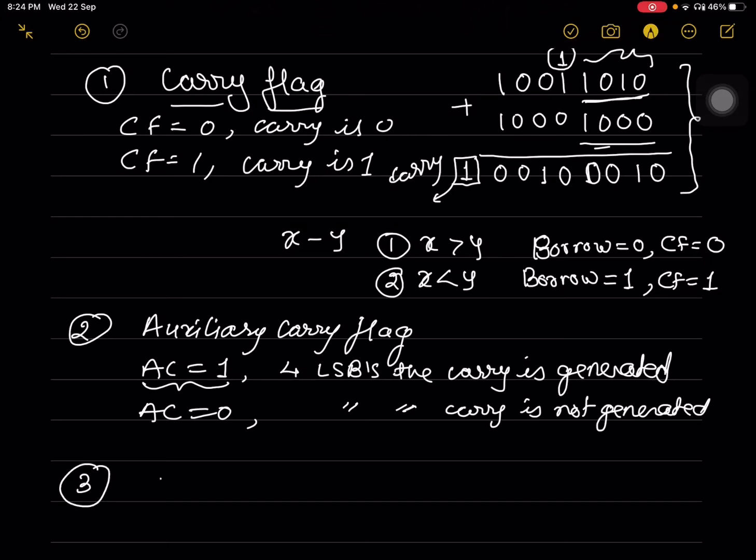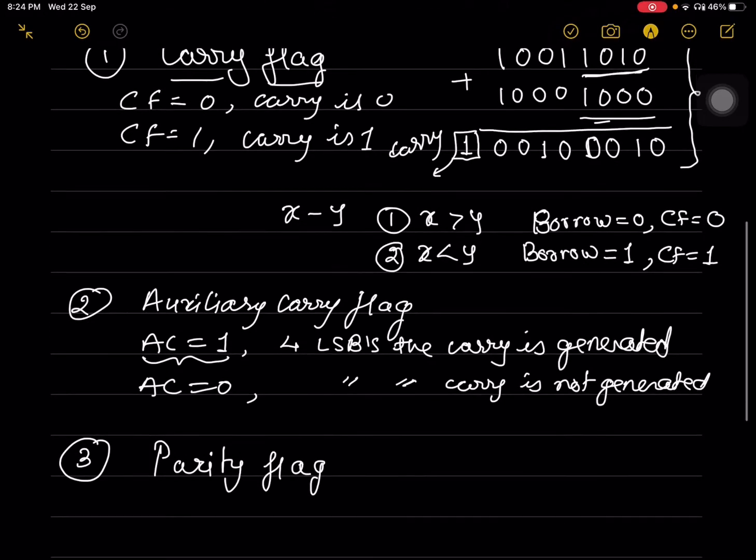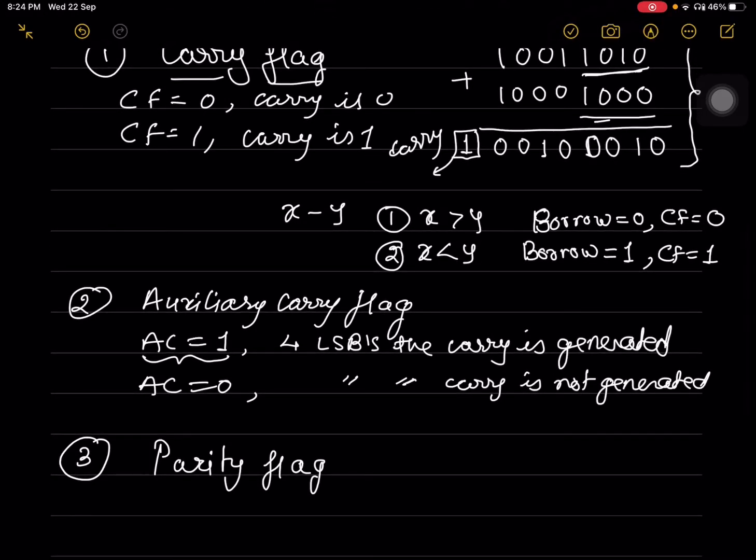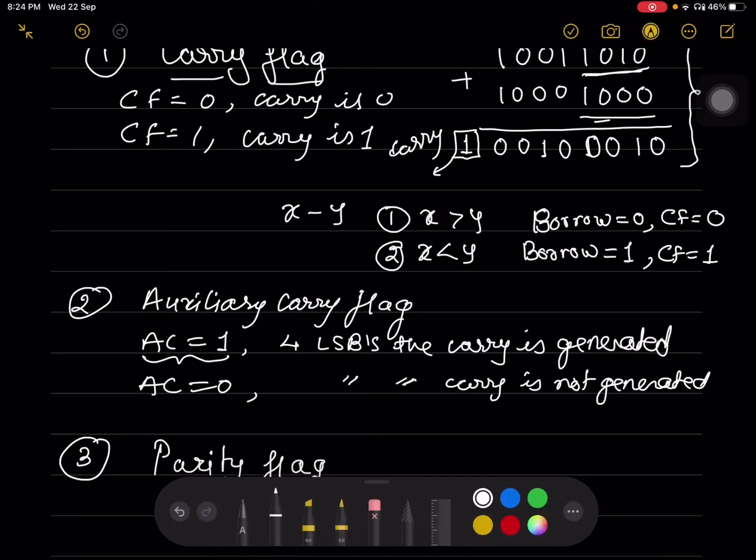The next important flag is parity flag. Parity is the count of number of ones in the given number. Now in ALU, if you see the final answer, 8-bit answer, the 9th bit will go to the carry flag, but the rest of the 8 bits will be available in the ALU.